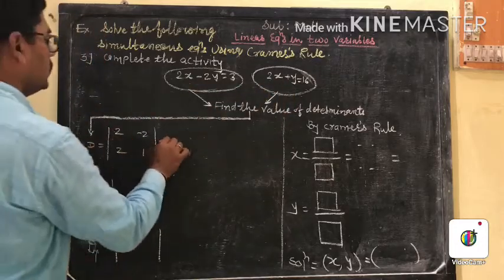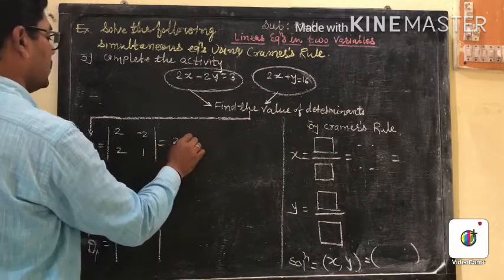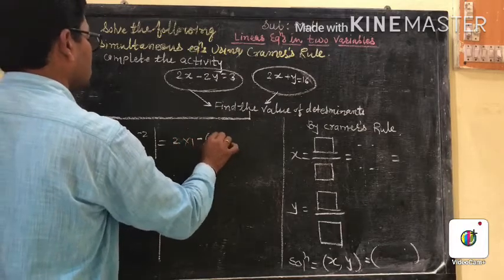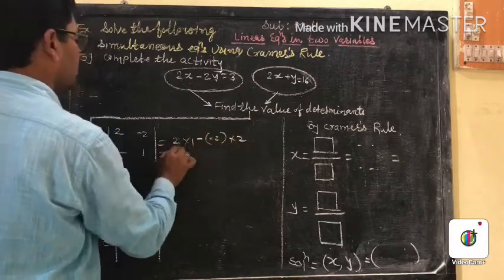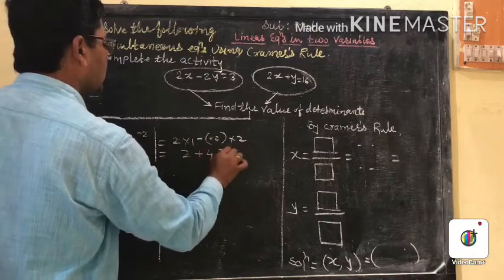2 into 2, 2 into 1 is 2, minus 2 into 1 minus 2 into 2, and the value is 2 minus minus plus 2 into 2 is 4, so 2 plus 4 is equal to 6.